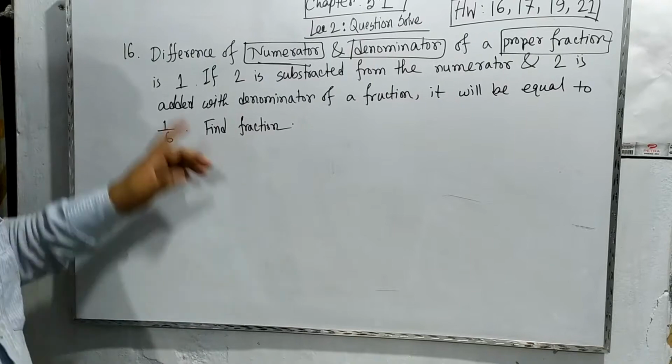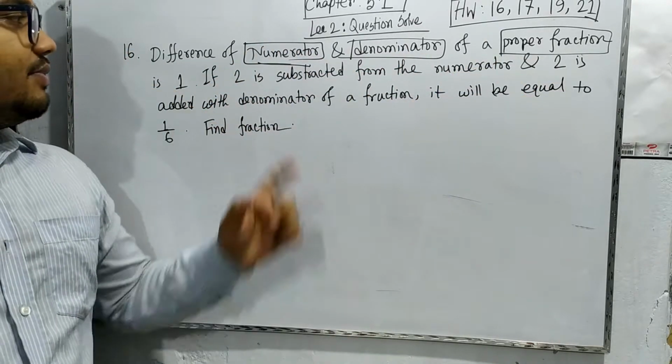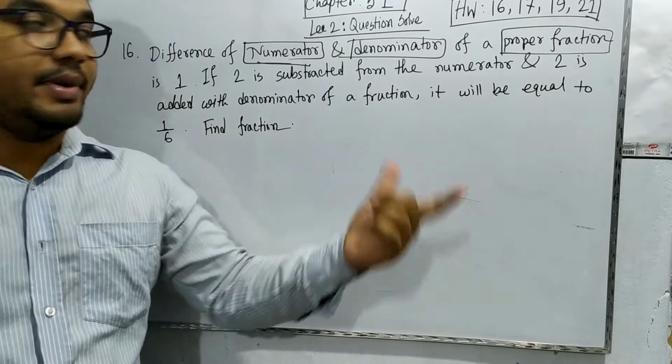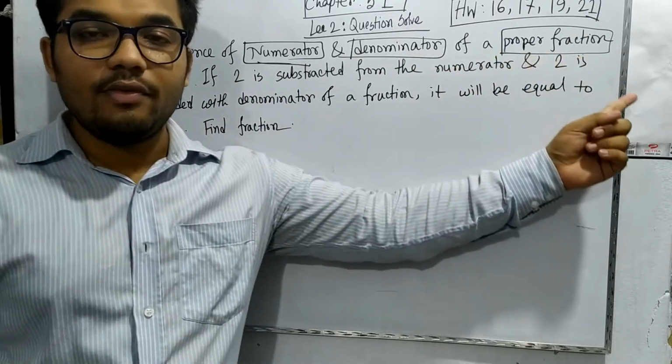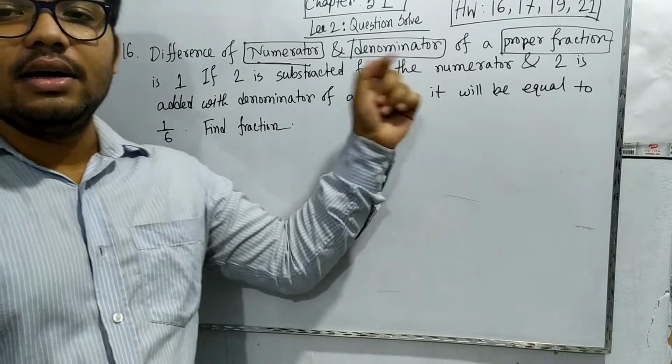Okay, so we are going to our math. Our question says the difference between numerator and denominator is 1. That means if the numerator is something, the denominator must be that plus 1, because this is a proper fraction, so the numerator must be smaller than the denominator.